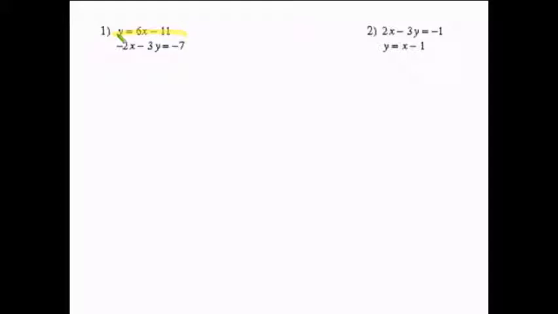Okay, see how that's y equals, and here I have y equals, or I can have x equals, but I want that one variable by itself. So I have y equals 6x minus 11, and I have -2x minus 3y equals -7.